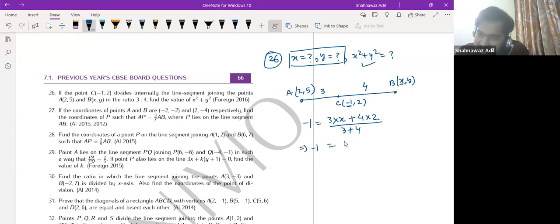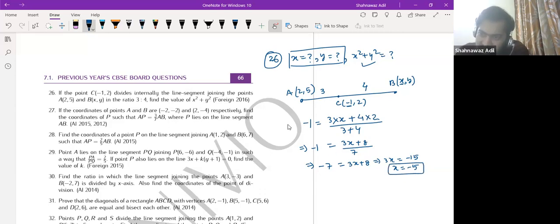Minus 1 is 3x plus 8 divided by 7. This is minus 7 equals 3x plus 8. So 3x is minus 15. So x is minus 5.